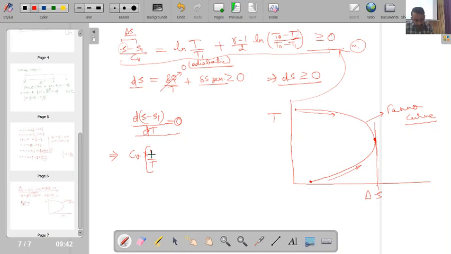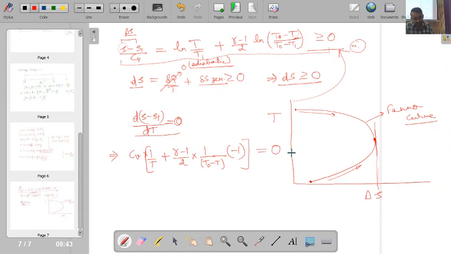Okay, so this will become 1 by T plus (gamma minus 1) by 2 times the derivative of ln(T0 minus T), which will become 1 divided by (T0 minus T) into the derivative of (T0 minus T), which will give us minus 1, and the derivative of T0 minus T1 will be 0. Okay, so it means this whole has to be equal to 0.